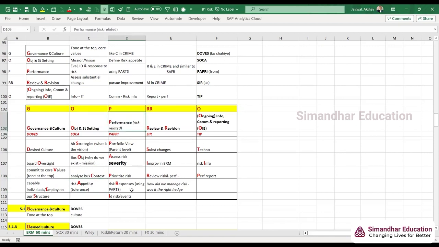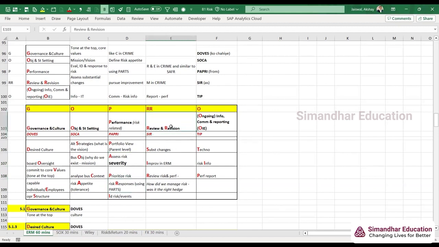Then the performance risk related: identify all the risk, basically a risk inventory. Then portfolio view, we have to look at the group view, and the impact of the risk, we have to analyze the risk severity. Based on that, we have to prioritize the risk responses, the parts model that we discussed.